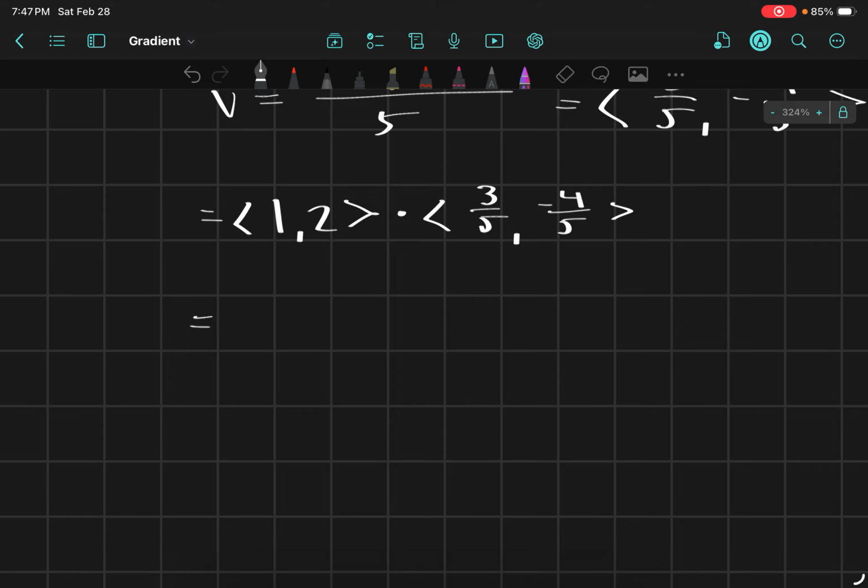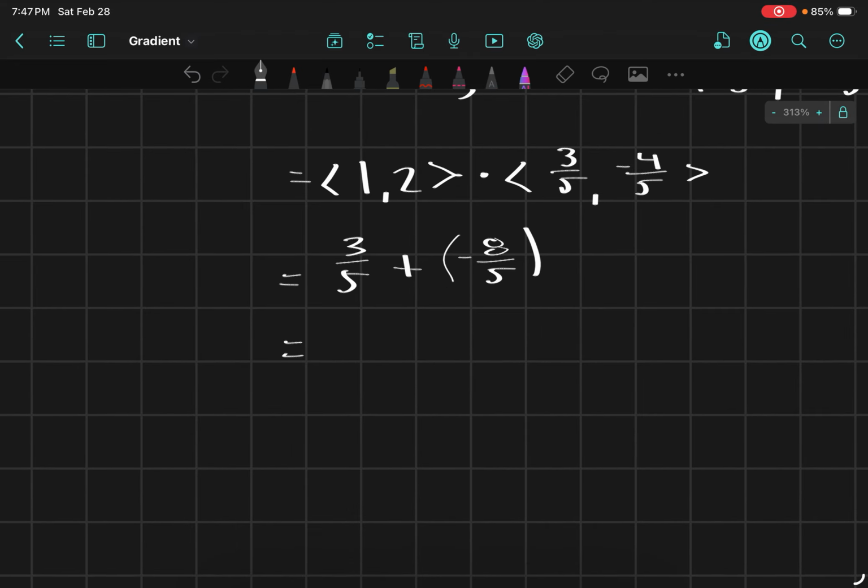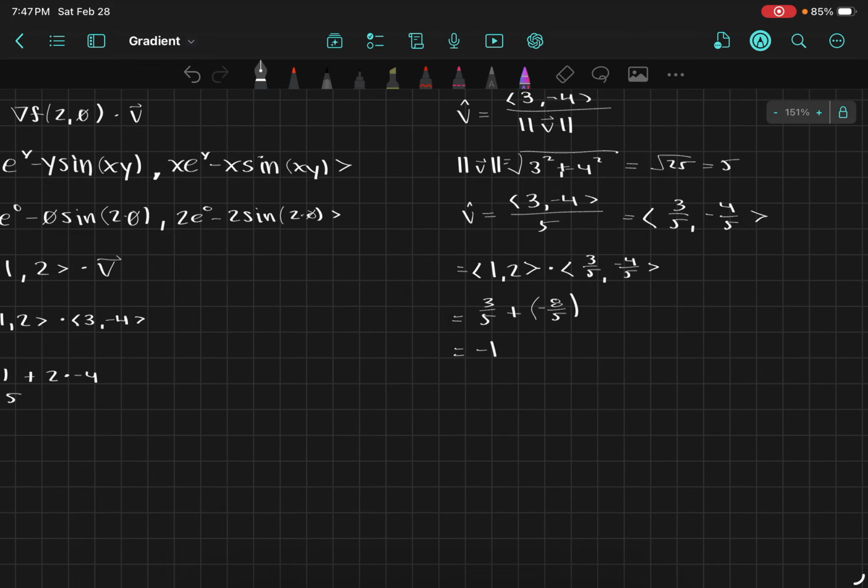Take the dot product: 1 times 3/5, 3/5, plus 2 times negative 4/5, negative 8/5. That is going to equal what? Negative 5/5. It's going to equal negative 1. There we go.